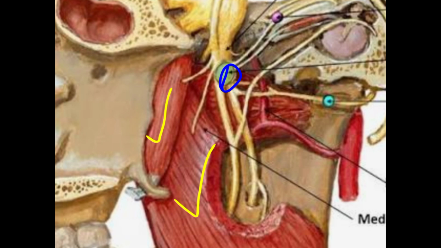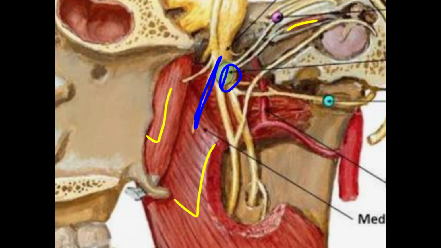Observe the muscle, tensor tympani. The nerve to medial pterygoid arises from the main trunk of mandibular nerve.